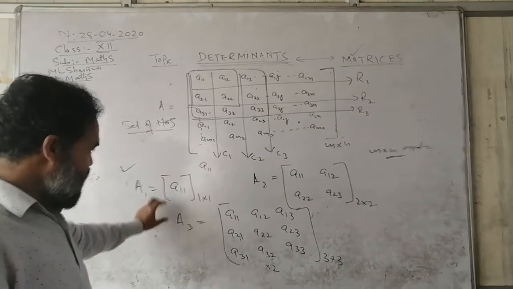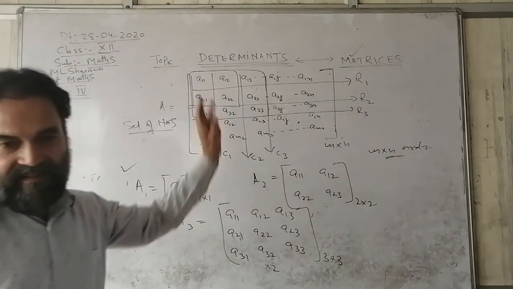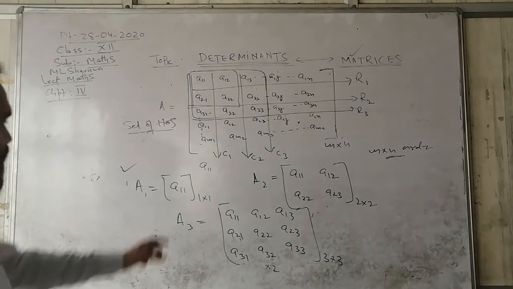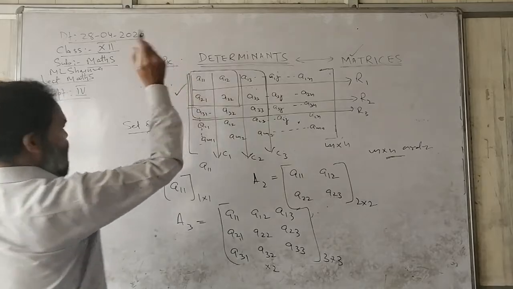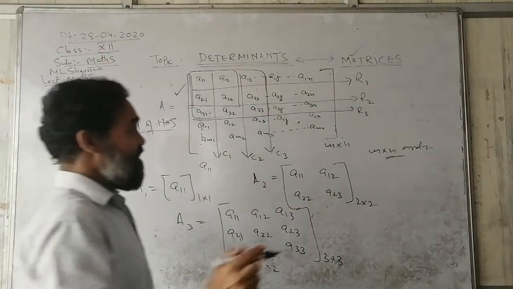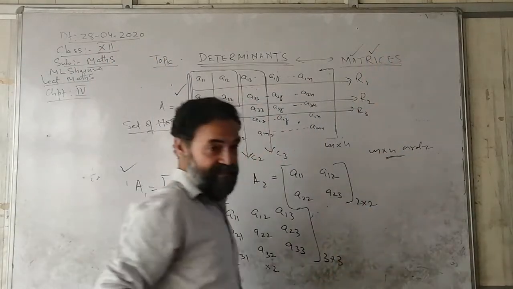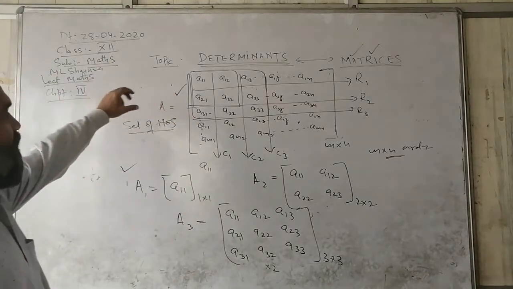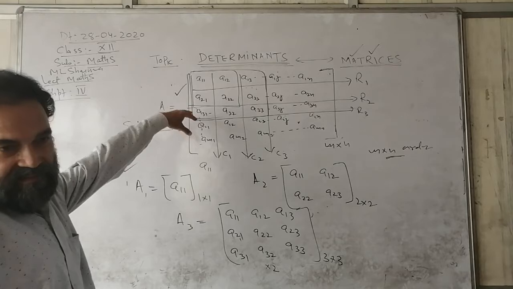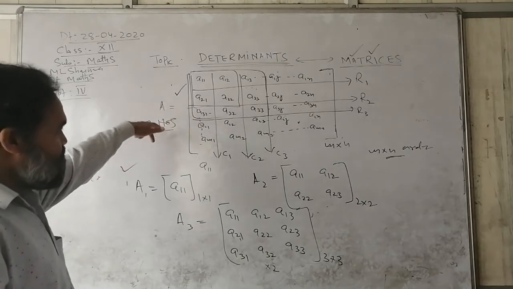So I have written 3 matrices from this set of numbers. From this table I can extract the definition of a matrix. What is a matrix? A matrix is a set of numbers which are arranged in rows and columns.